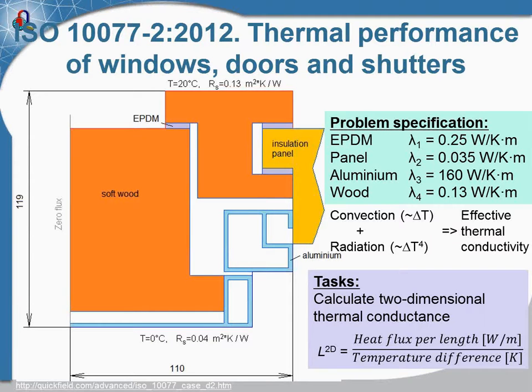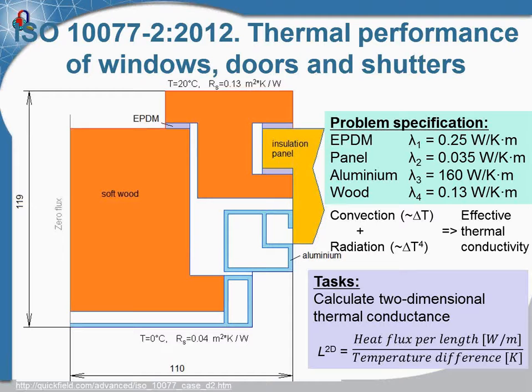This is the next example, verification example against the ISO standard thermal performance of windows, doors, and shutters. There are about 10 two-dimensional test cases presented in this standard, and we will consider only one of them.